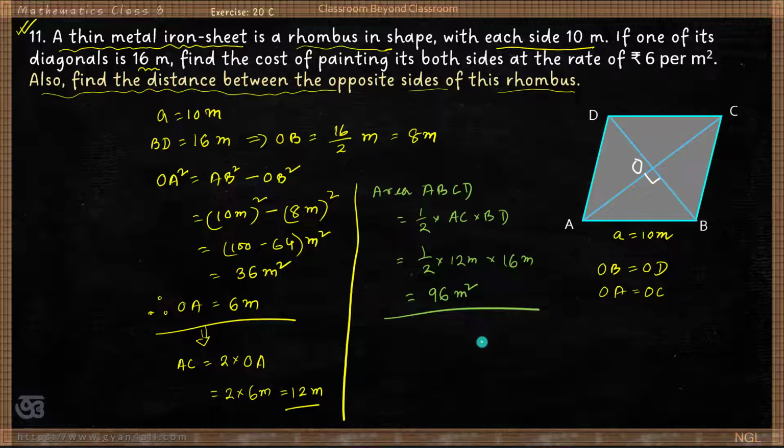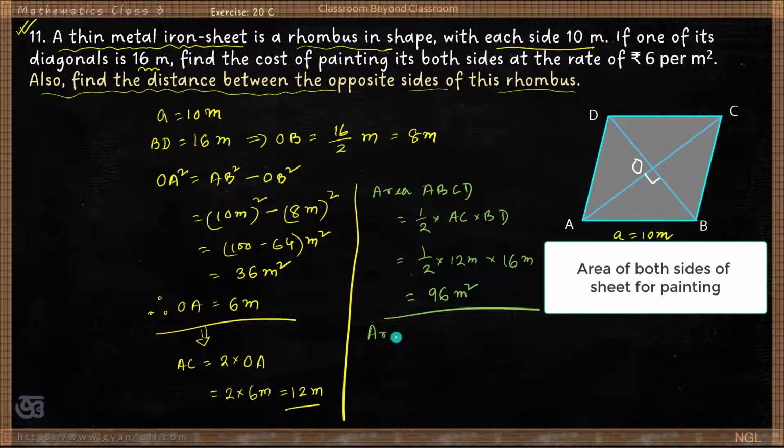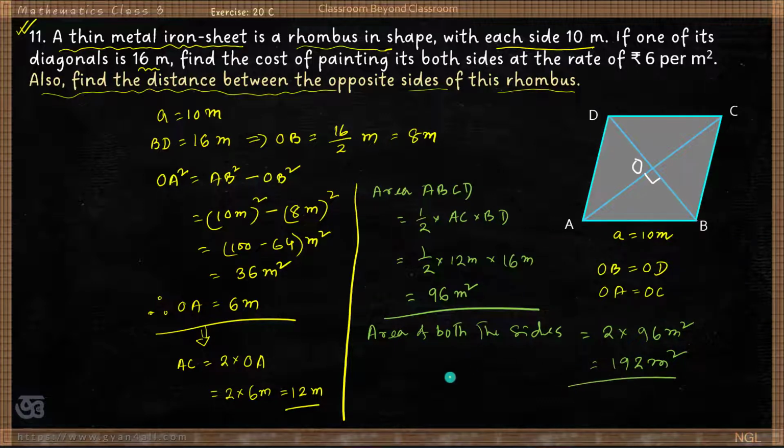Area of the rhombus is 96 meter square. So if you have to paint its both the sides, then you have to consider area of both the sides is equal to twice the area of the rhombus, 192 meters square. So you have to paint this 192 meters square area at the cost of ₹6 per meter square.